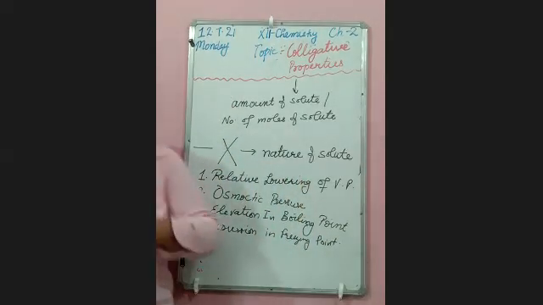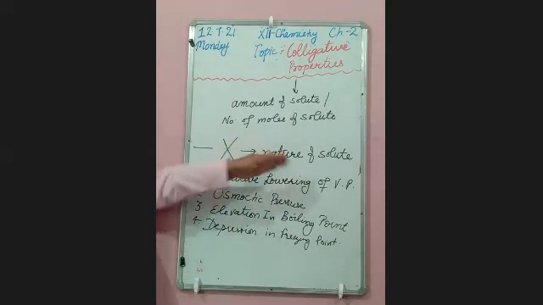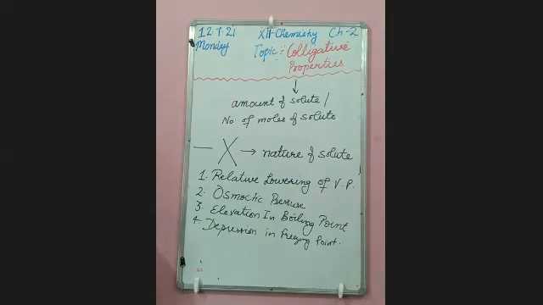First, in this class, I am going to start with the relative lowering of vapor pressure. These are the important colligative properties which we have to discuss. And what are colligative properties? These are the properties which only depend upon the number of moles of solute.